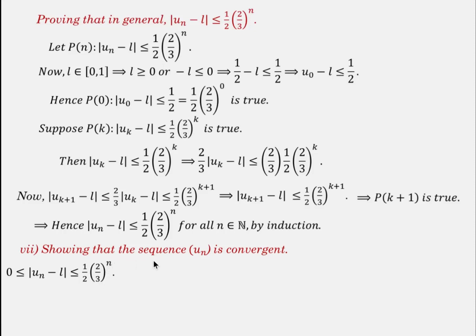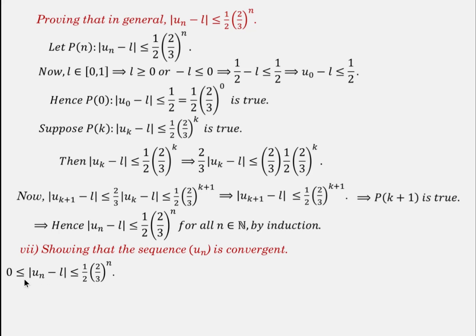In a situation where u_n is defined recursively, in order to establish its convergence, we mostly have to find the limit of u_n. This relationship tells us that we can get the limit of u_n if we apply the sandwich or the squeeze theorem.